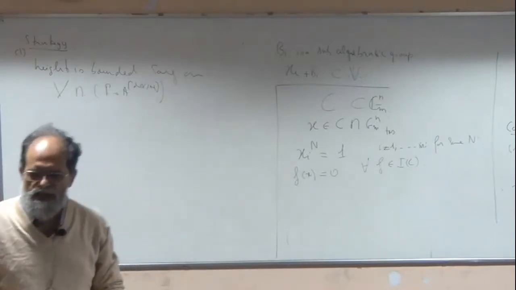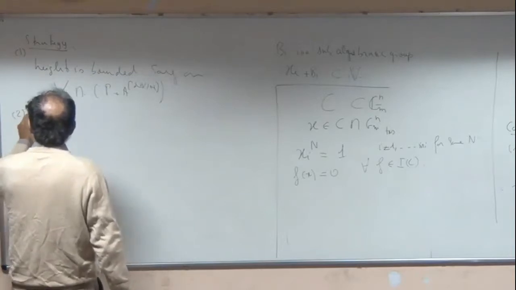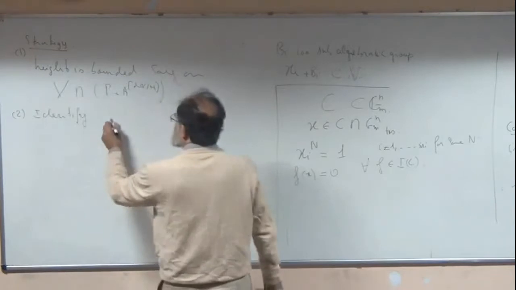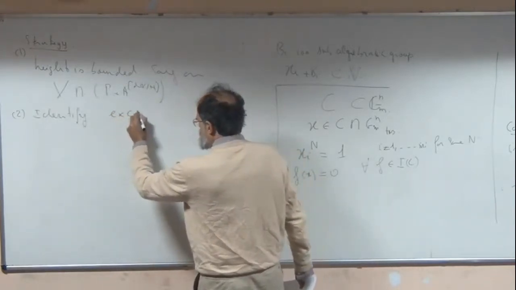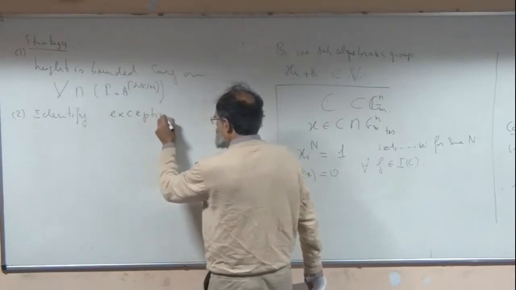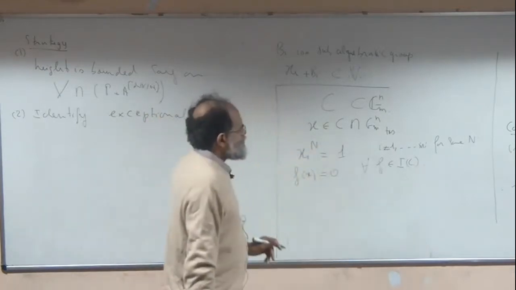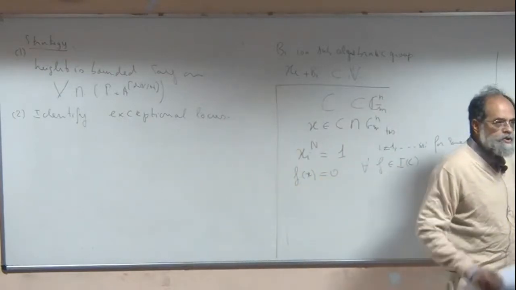And then you try to identify a properly exceptional locus. So you try to understand where the points of this intersection are going to accumulate.